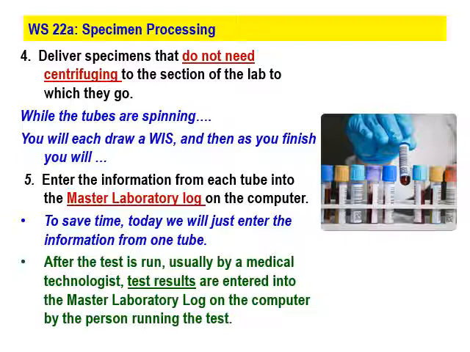So you could put all your stuff in the centrifuge that needs to be spun down, take your stuff that doesn't need to be spun down, check it though, make sure that it's 100% full, it's been labeled properly, it got down there in the right amount of time, right? That it's in the right tube. Once you know that, then you can take that specimen over to hematology, right? You always enter all your information for each tube in the master laboratory log, which is usually kept in a computer, okay?